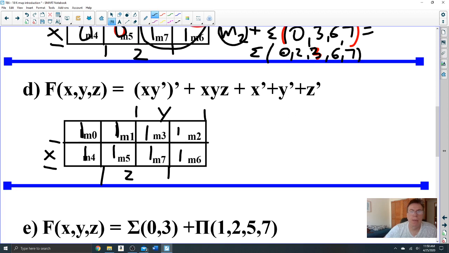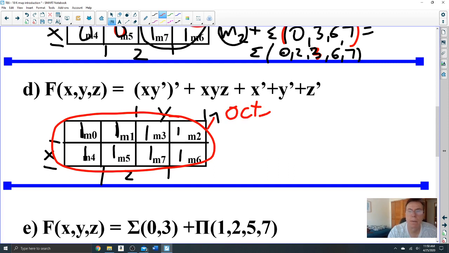So now, after adding all those fields here, look what we have. We have this beautiful group that is called, everybody remembers? Yes, this is what this group is, an octet. It eliminates 3 variables, they are gone.